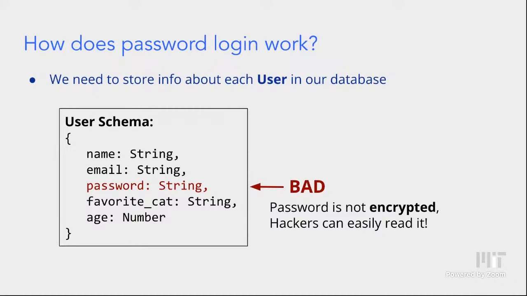If someone doesn't have to hack into your server, all they have to do is hack into your database, and they'll get all the users' passwords just like that. And actually, it's quite easy sometimes if the developers are a bit careless to get this information. For example, you could accidentally push your Atlas SRV that we used last week to your GitHub. And if your GitHub's public, anyone can just read that string and be able to access your MongoDB, right? So that's one reason why it might be bad.